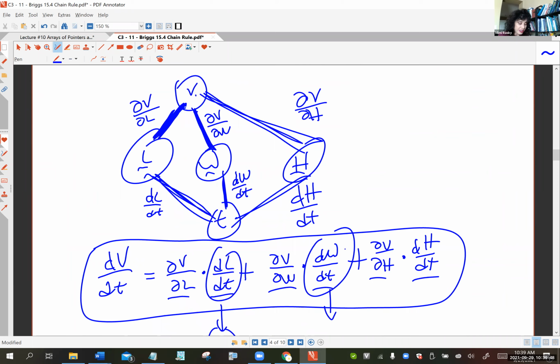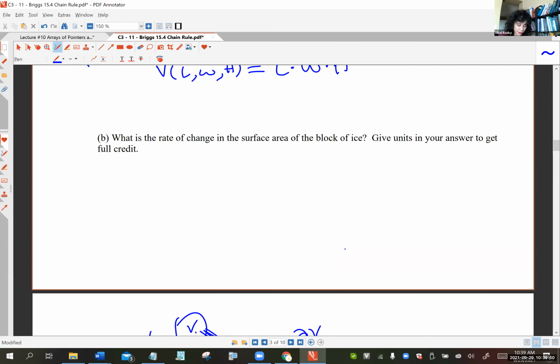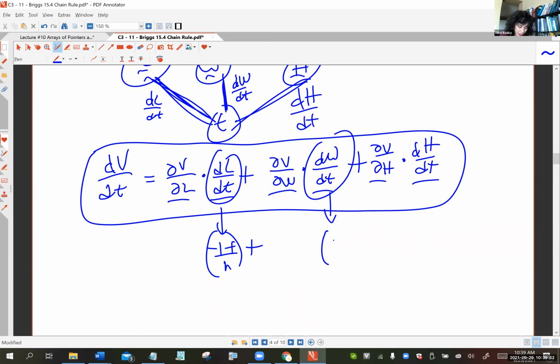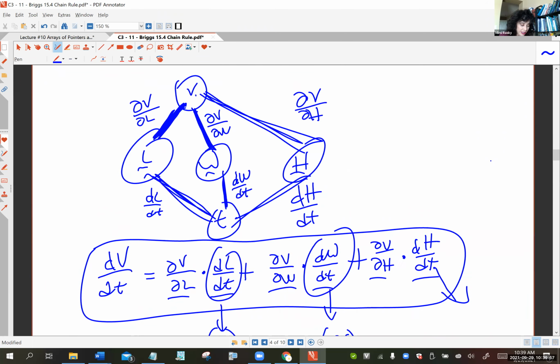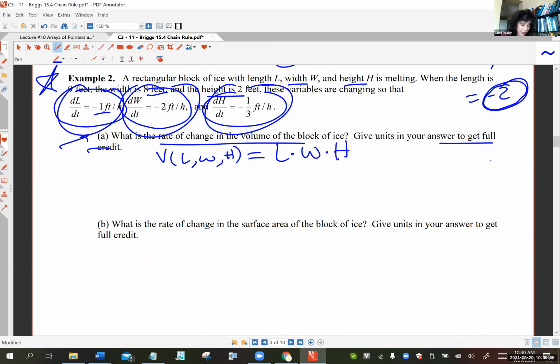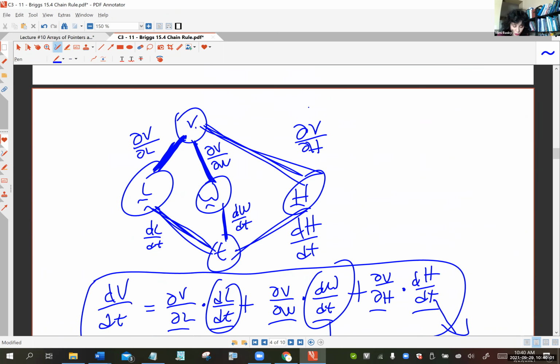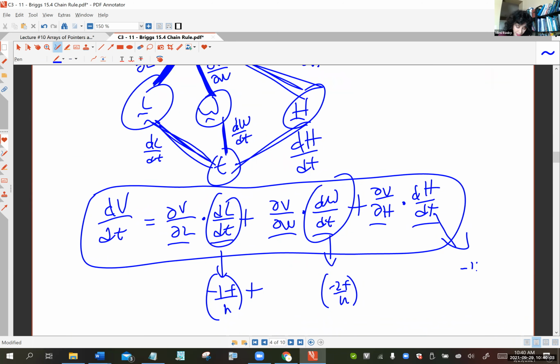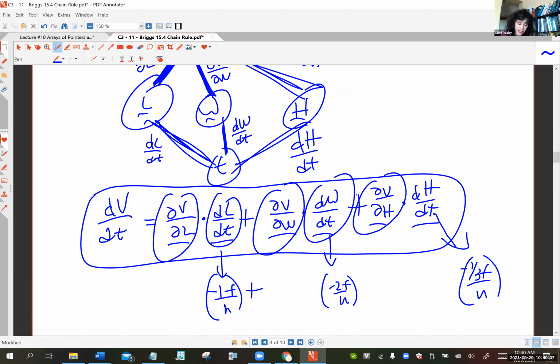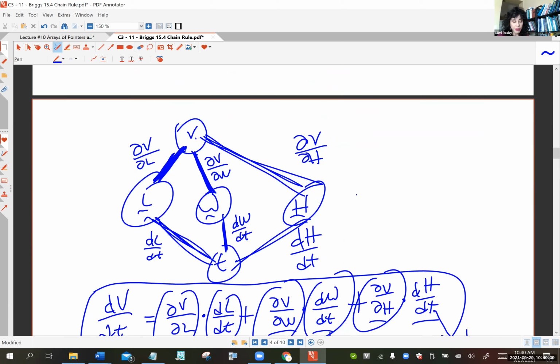The dW/dt, the change of width with respect to time, was -2 feet per hour. And dH/dt, the changing height with respect to time, -1/3 foot per hour. Great. But I still have to go get those 3 other derivatives. Yes, we do. But it's not that hard.